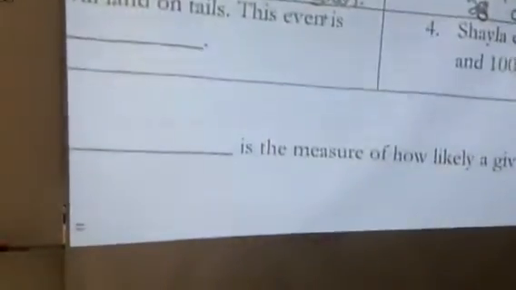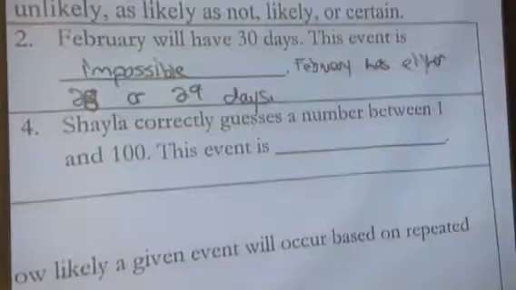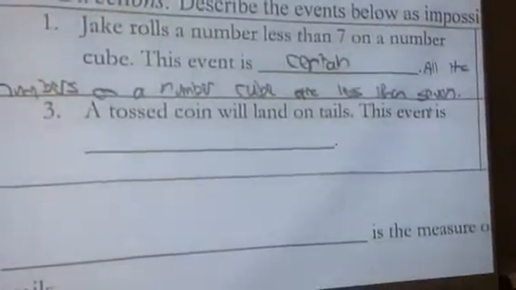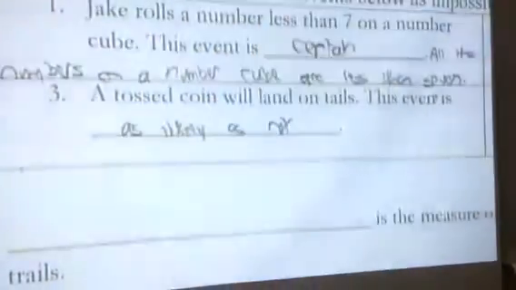A tossed coin, number 3. A tossed coin will land on tails. I've got a heads on a coin. I've got a tail. I want to make sure everybody has that one. So it's equally likely that I could land on heads or tails, so this event is as likely as not.